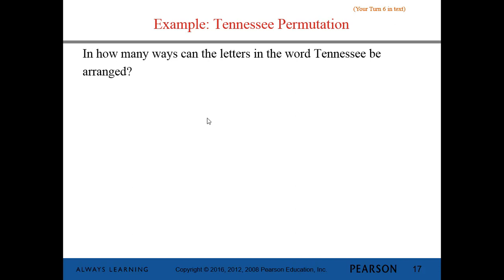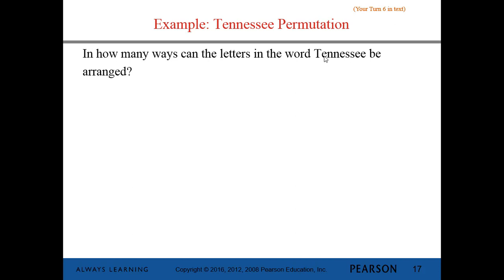So we want the number of distinguishable permutations. In other words, we're treating these as the same, right? So again, distinguishable permutations, which means if I switch this E and this E, I'm not going to notice anything. It's going to be the same.